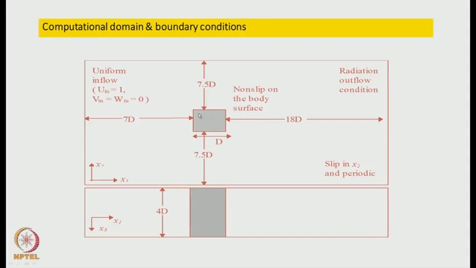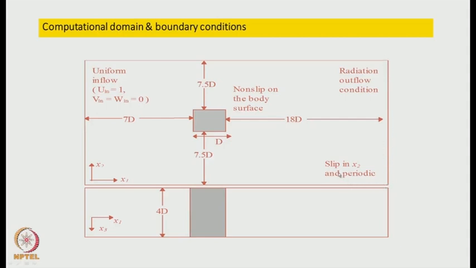Now, coming to the boundary condition on the surface of the geometry. For this problem, the geometry is fixed, it is not moving, hence we specify a no slip condition on all 4 surfaces of the cylinder as well as on the spanwise surfaces. Later we will see the radiation boundary condition which is posed on the outlet.